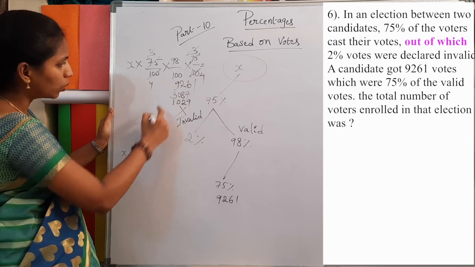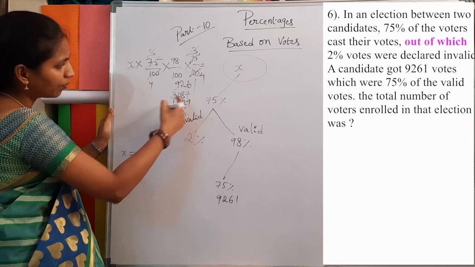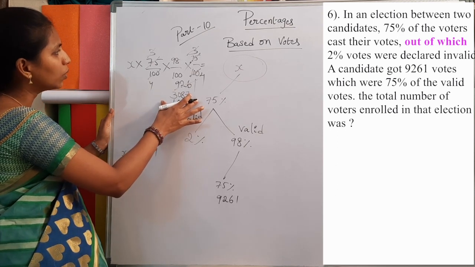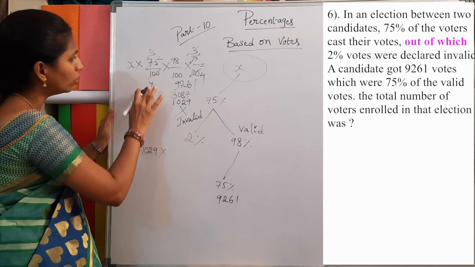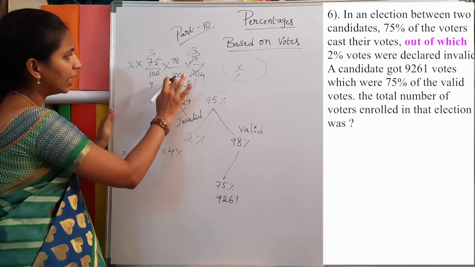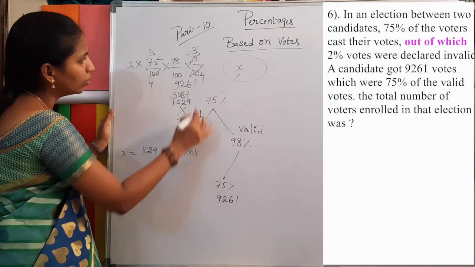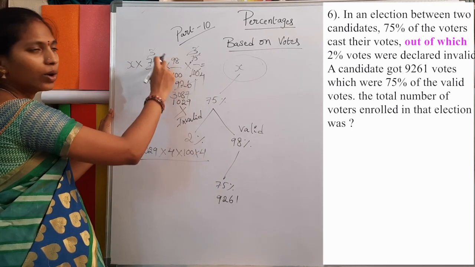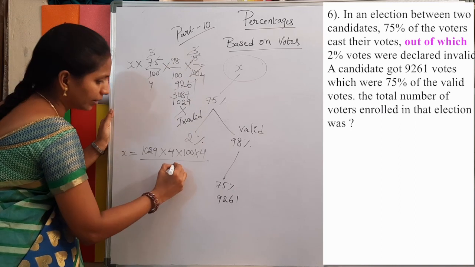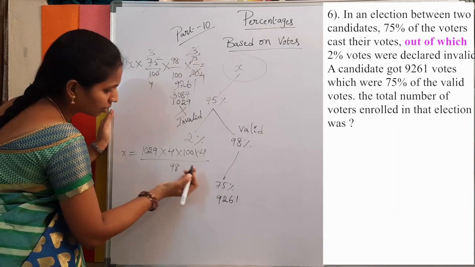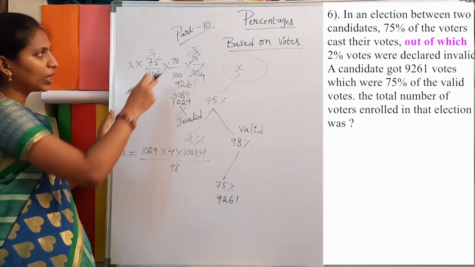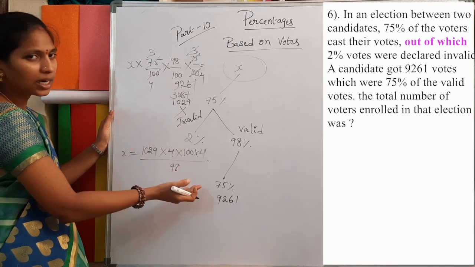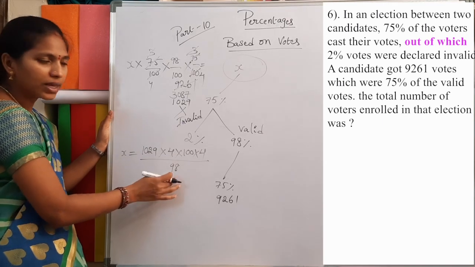X is equal to, what is the value? 1029. Okay, 1029 into here 4, here 100 into again 4, divided by the numerator value 98. Okay, here the numerator value is 98. That is placed after equal to, then it is placed at the denominator.